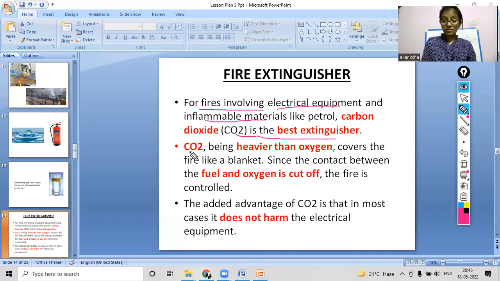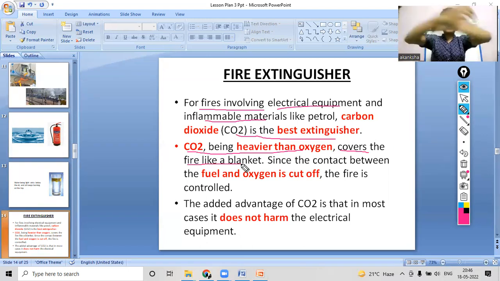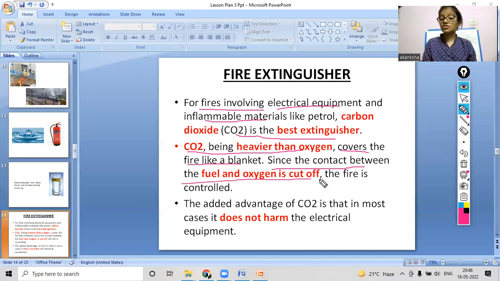Okay, so what happens is CO2, being heavier than oxygen, covers the fire like a blanket. It covers the fire like a blanket so that the fire does not go out of control. It will first be controlled and then it will extinguish totally. Since the contact between the fuel and the oxygen is cut off, the fire is controlled, right?